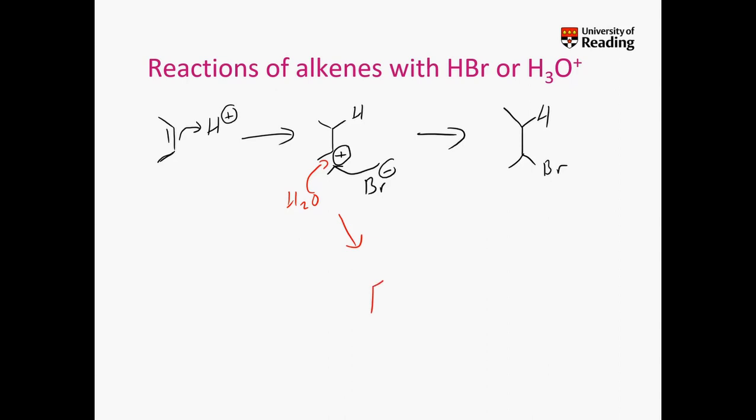We would end up with water adding to that, and then what we would do is we would lose the proton here that would go back to the start of the reaction mechanism. Okay, and we would end up with an OH being added onto that carbon atom.